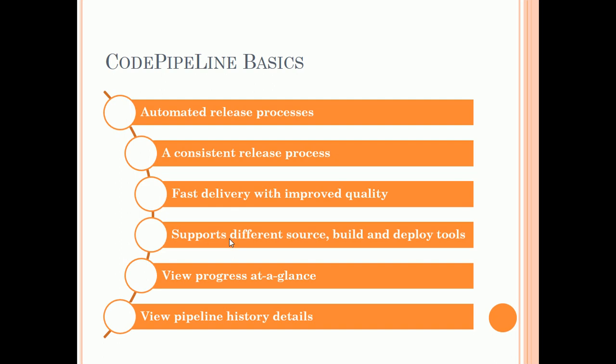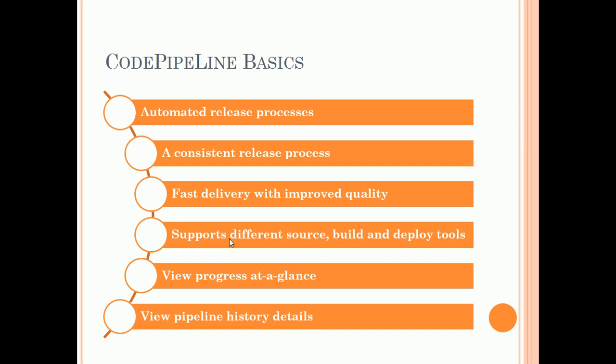The next benefit is view progress at a glance. We can review real-time status of pipeline, check the details of any alerts, retrieve failed actions, view details about the source revisions used in the latest pipeline execution in each stage, and manually rerun any pipeline.